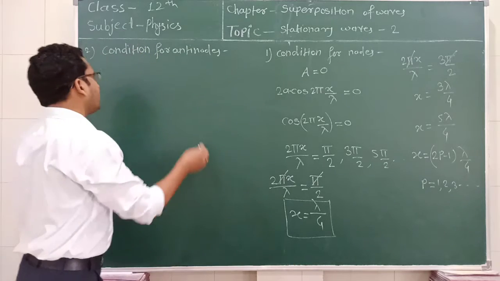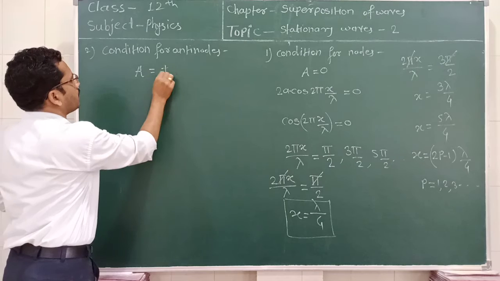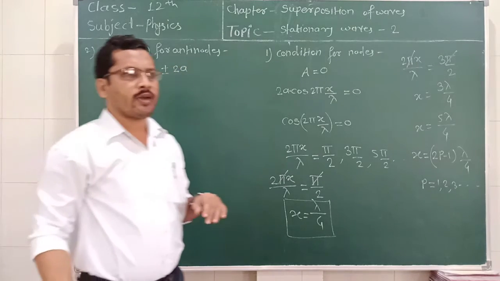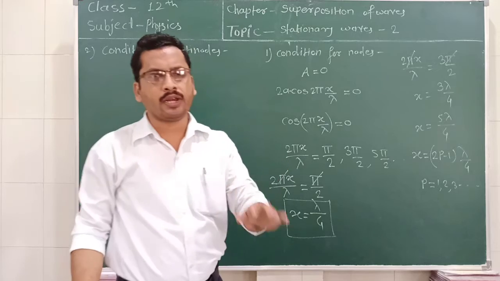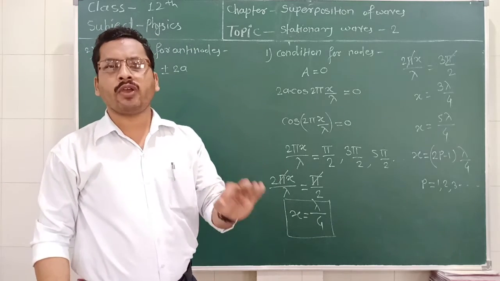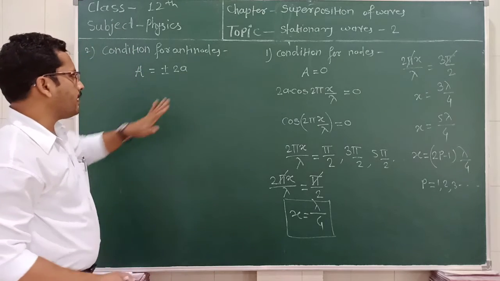So we can write here for the antinode, the amplitude A is equal to plus minus 2a, where this a is the amplitude of the individual wave from which the stationary wave is forming.